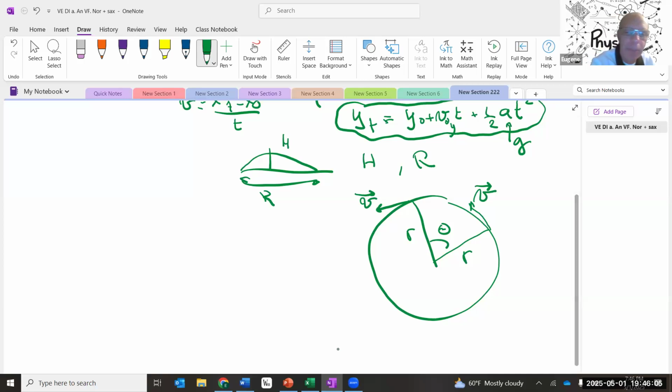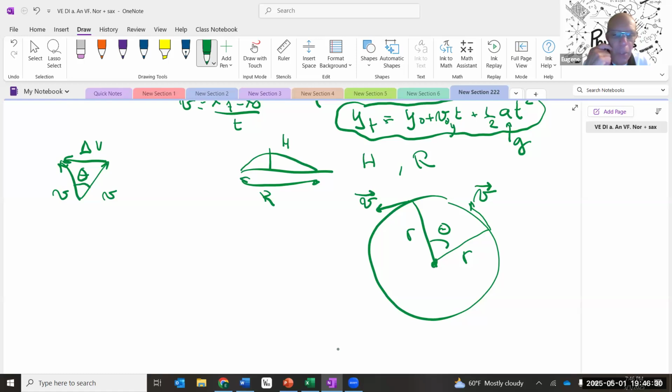And what happens here is that you have v here, the magnitude is the same. And this is what is called the delta v. And you see that the delta v is going to be perpendicular, so going into the center of the circular motion, okay?